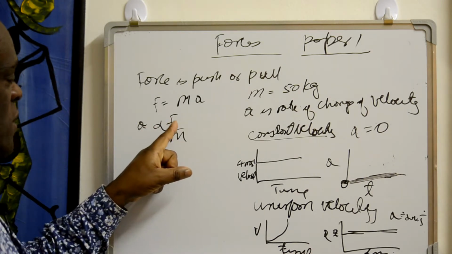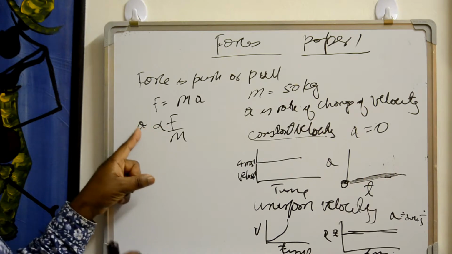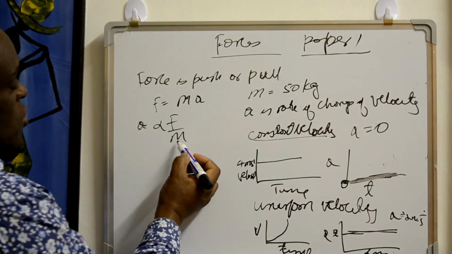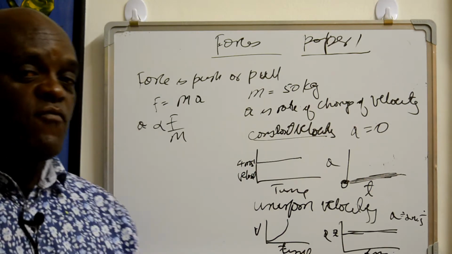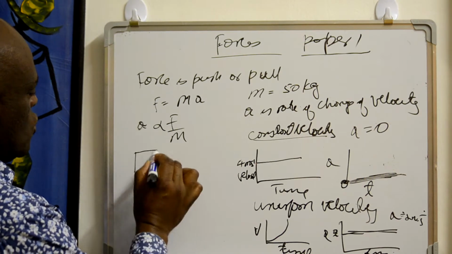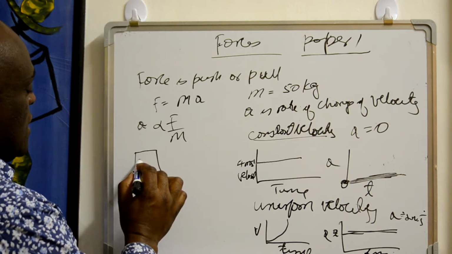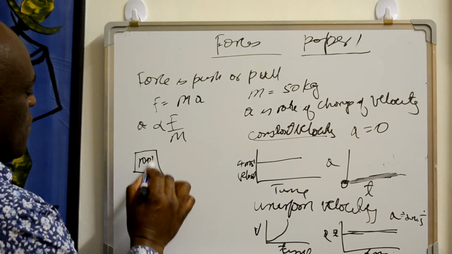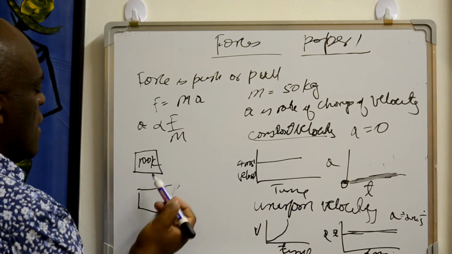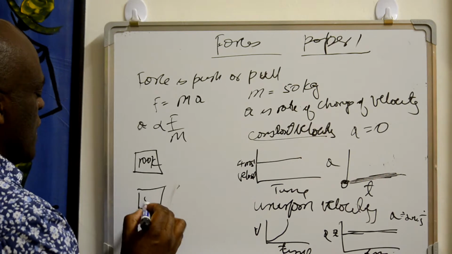The more force is applied, the greater the impact on the acceleration, but it is also inversely proportional to your mass. For example, if you push an object that is 100 kg, and you push another one, say for argument's sake, of 50 kg.